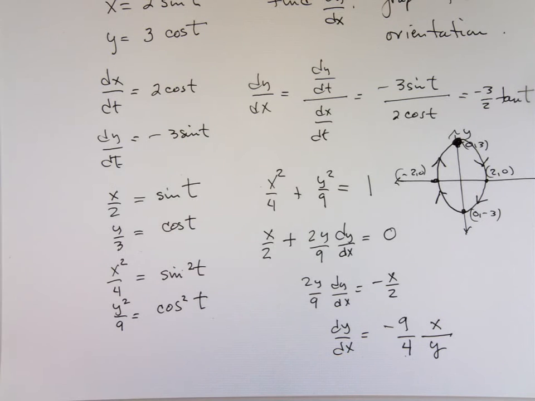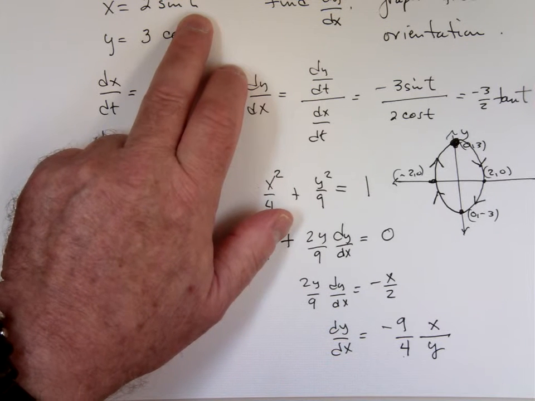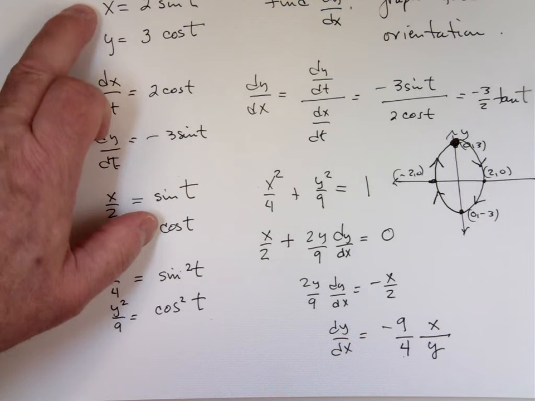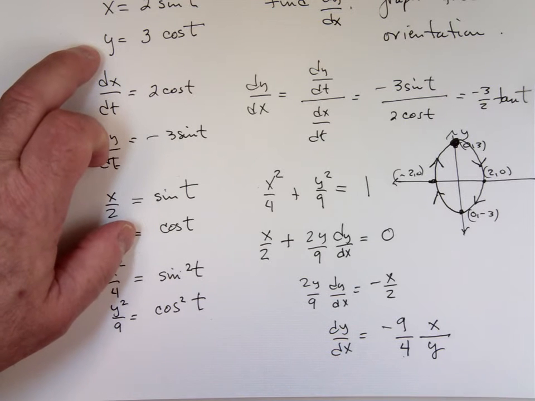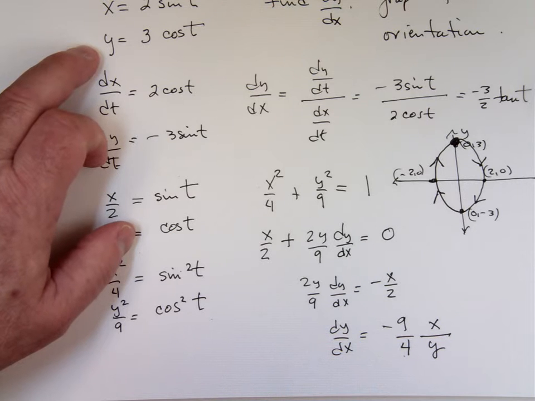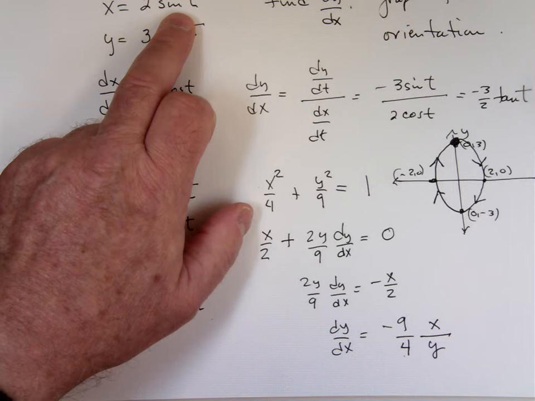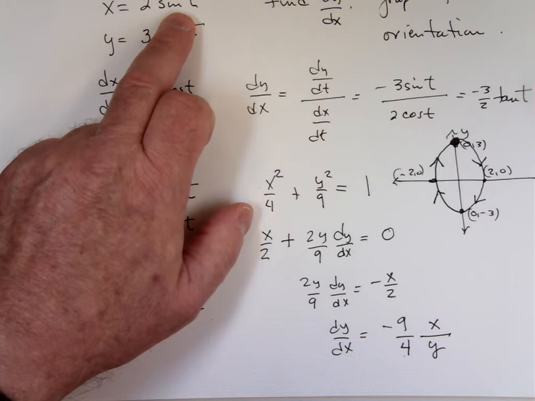What's that? The orientation you get by starting the parameter t somewhere at 0. Noticing that x will be 0 and y will be 3. This is the point that we start with. Then as you increase the parameter t, what will happen is the sine will increase. You can take a specific value, take pi over 4 or something like that.